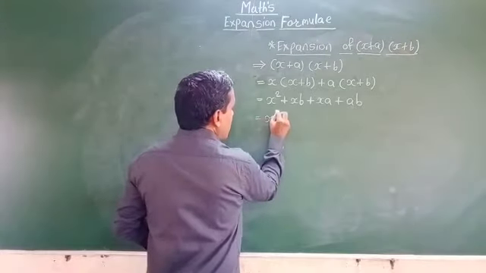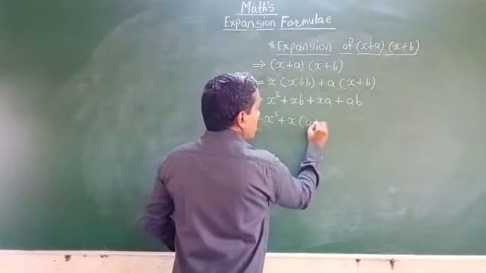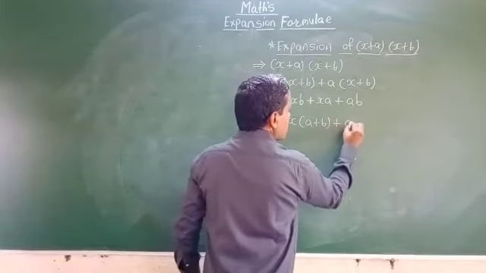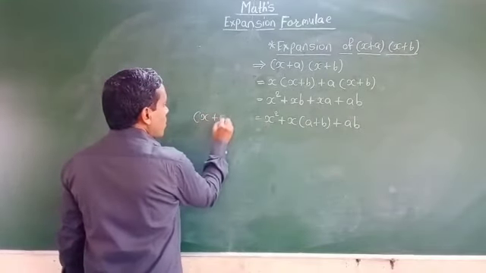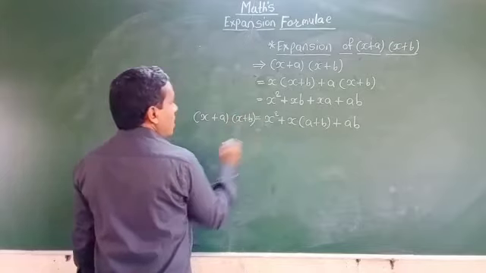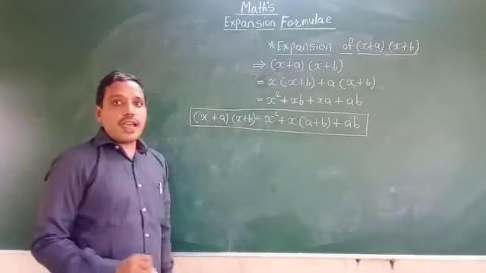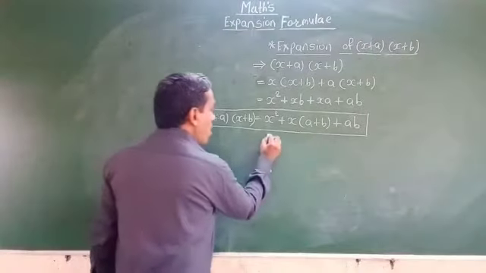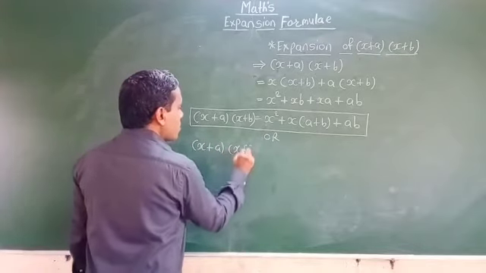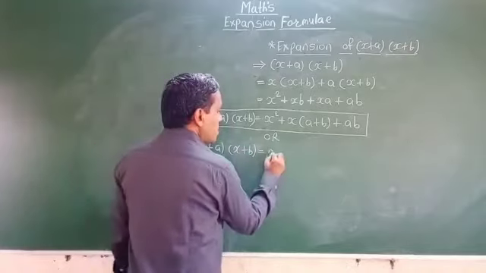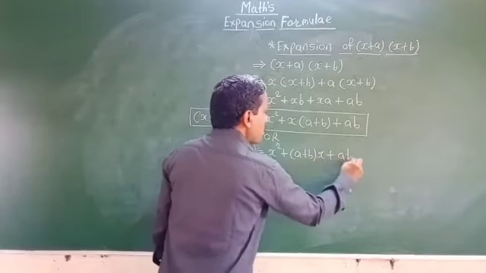So we get x square plus x into (a plus b) plus ab. Therefore the expansion of (x plus a) into (x plus b) is x square plus x(a plus b) plus ab.